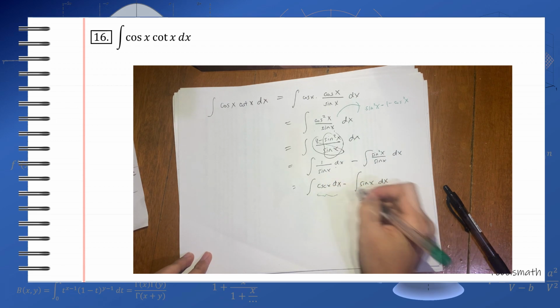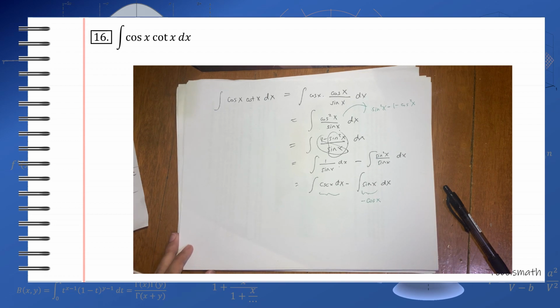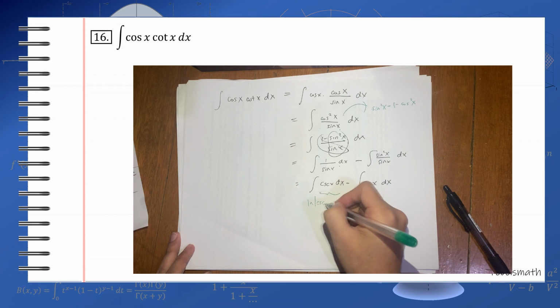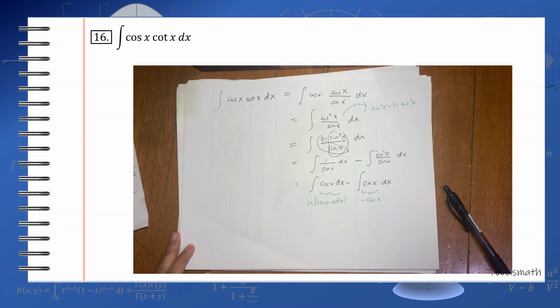This one is maybe not so easy, but if you have learned it in class, this is just ln of cosecant x minus cotangent of x.